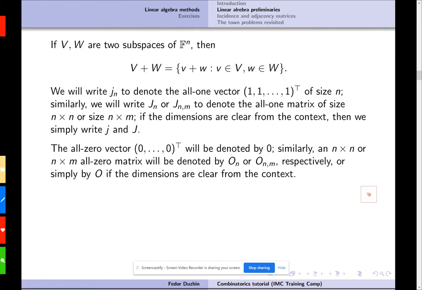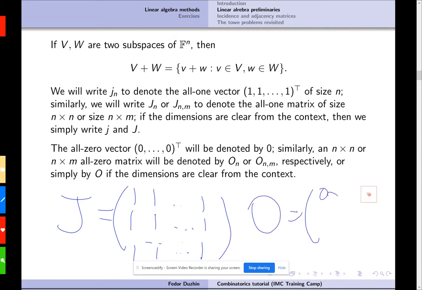Now we introduce some useful notation: J is an M by N matrix of all ones, and O is a matrix of all zeros.